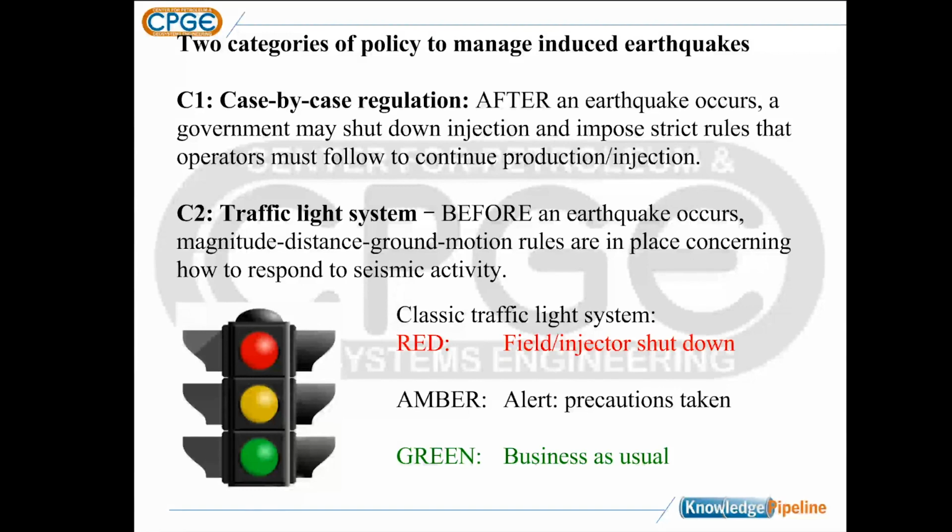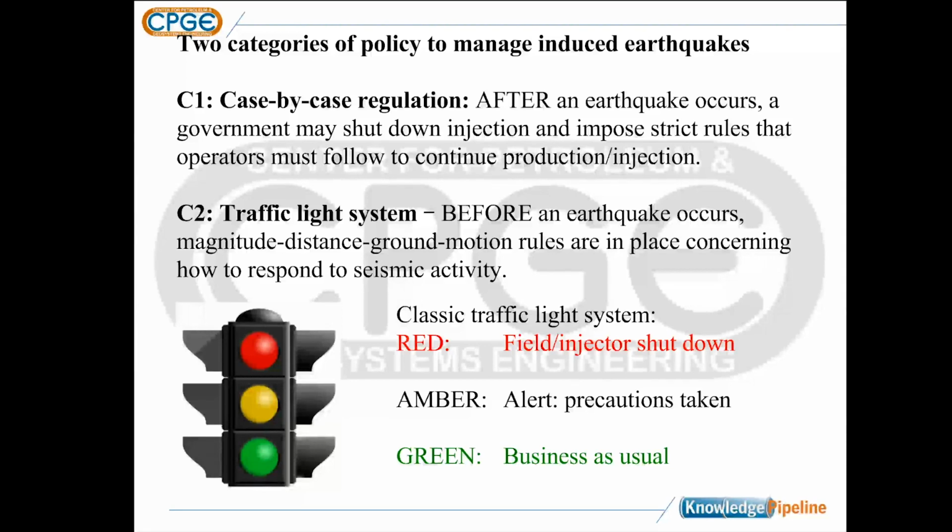One is case-by-case regulation, where after an earthquake occurs, a government may shut down injection and impose strict rules that operators must follow to continue production or injection. The second kind is called a traffic light system. That is, before an earthquake occurs, there are rules set up so that when certain magnitudes or ground motion levels happen, they have to respond.